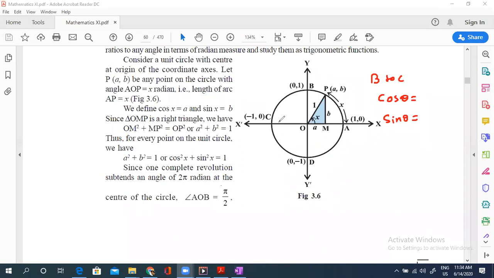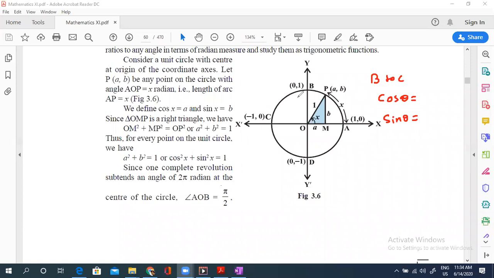Negative x-axis. Got it? So what do you think? Will the base be positive or negative? Because the base is on the x-axis and the perpendicular is on the y-axis. So the base is negative, as it is the negative x-axis.